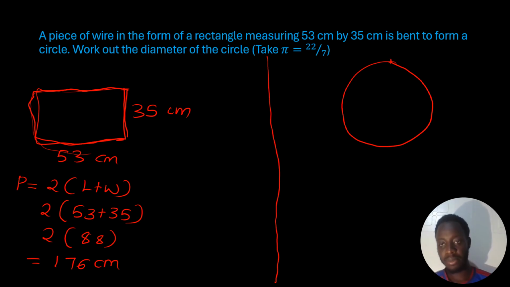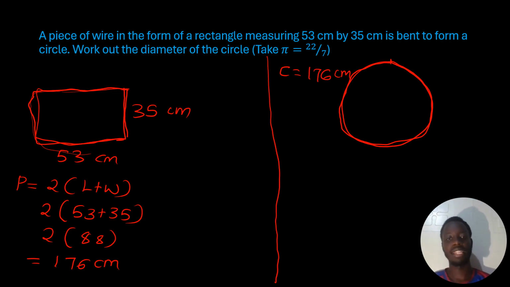So from this point all round to this point is 176 centimeters, and that is the circumference.